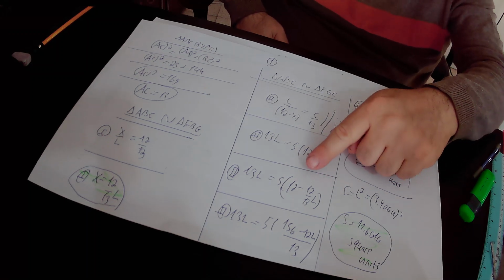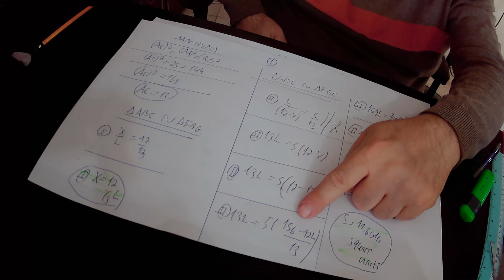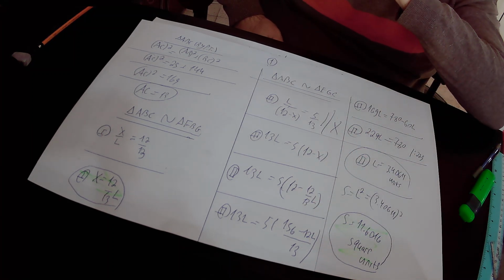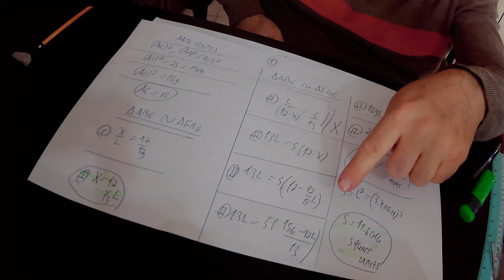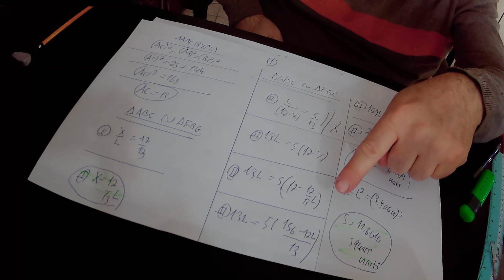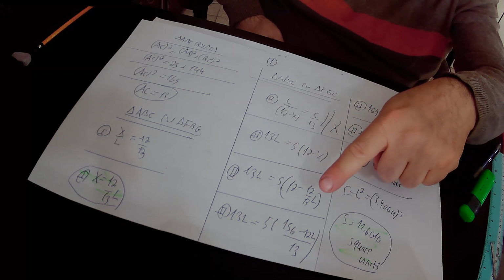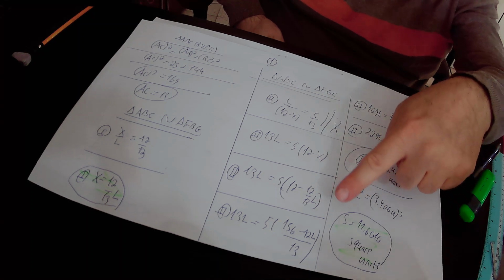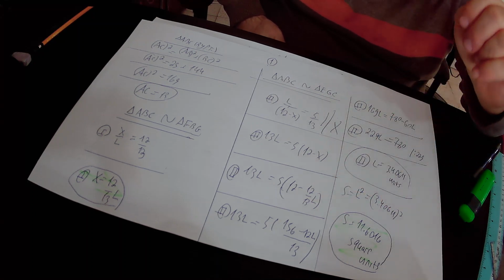So 12 times 13 is 156 divided by 13. So after we multiplied 12 by 13 and divided by 13, we found out that 13L equals 5, and inside the brackets we have 156 minus 12L over 13.